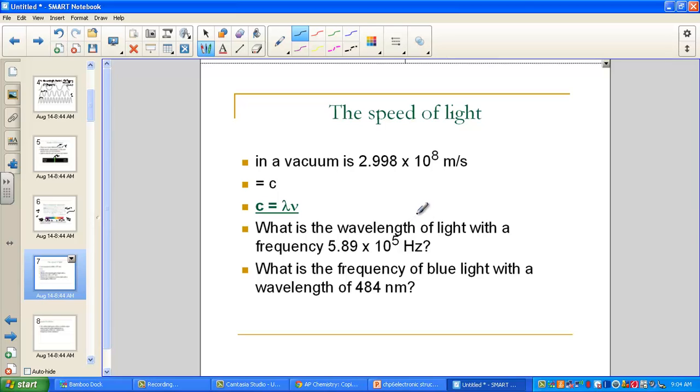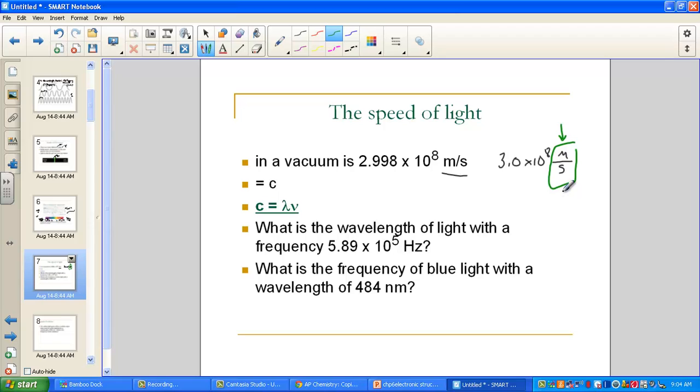The speed of light has been mathematically determined in a vacuum to be 2.998 times 10 to the 8th meters in every second. We will use the constant for the speed of light as 3 times 10 to the 8th meters per second. Now notice this is the unit of measure for the speed of light.